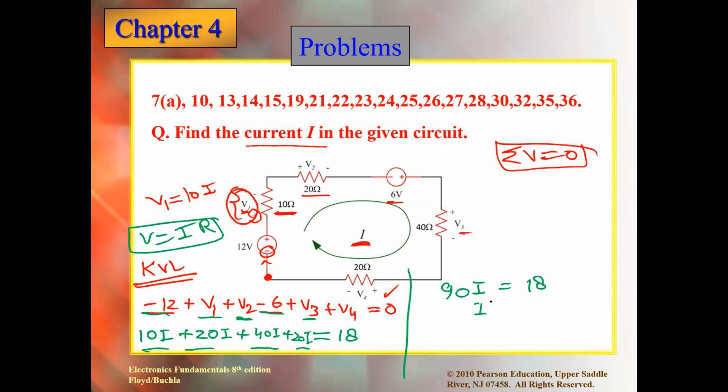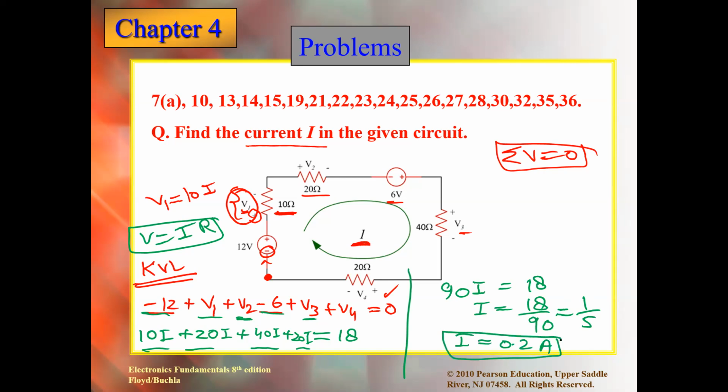Now you can calculate I. I will be 18 over 90. How much will it be? 1 over 5, so I is equal to 0.2 amperes.